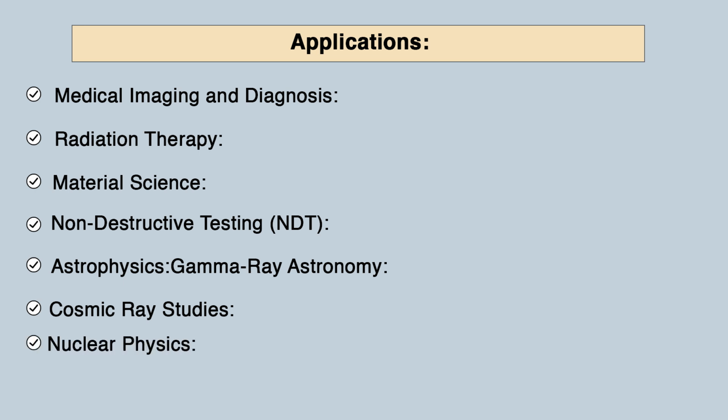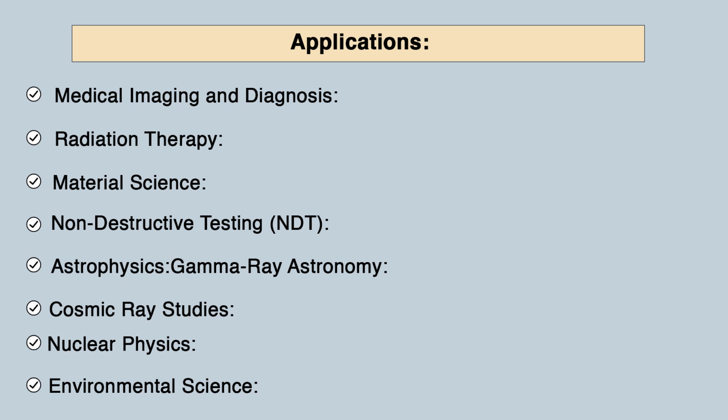Sixth is in nuclear physics. Photon-electron interactions. In nuclear physics research, Compton scattering helps in studying the interaction between photons and electrons, which provides insights into the structure of atomic nuclei. Seventh, in environmental science.